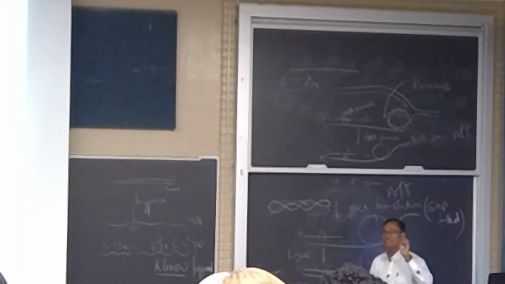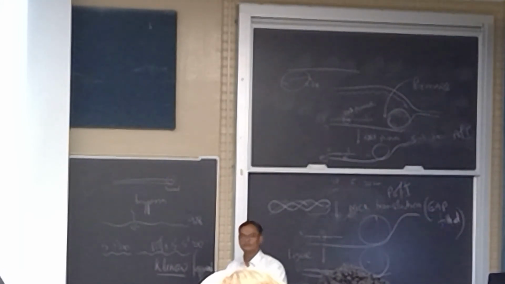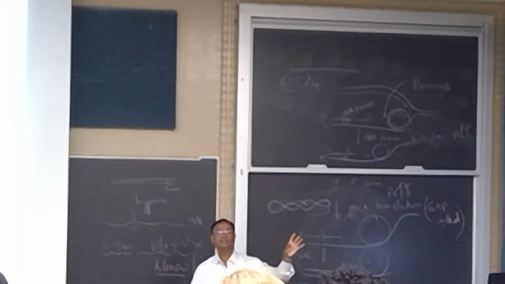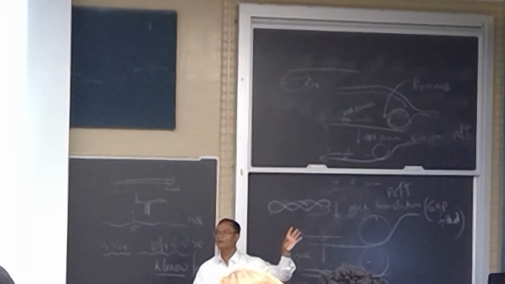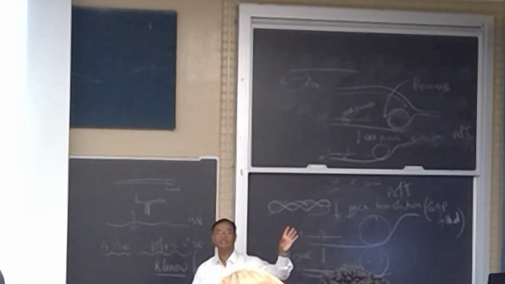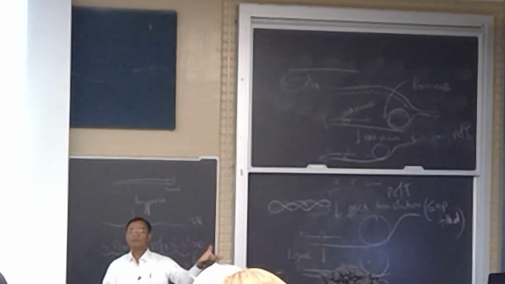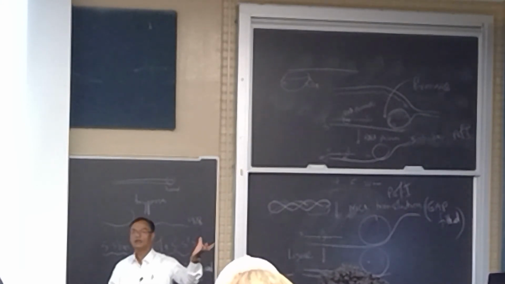There was a Nobel Prize last year. Last year? Yes, last year. I think it was in chemistry or medicine. Can you tell me the topic? I don't remember the name of it. They gave the Nobel Prize for cryo-electron microscopy.